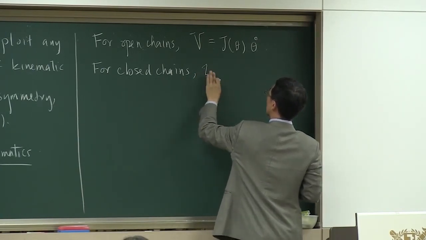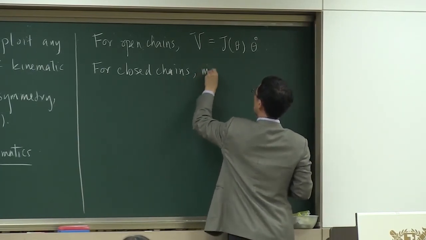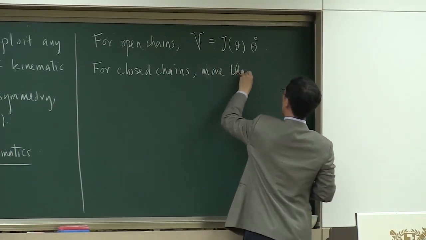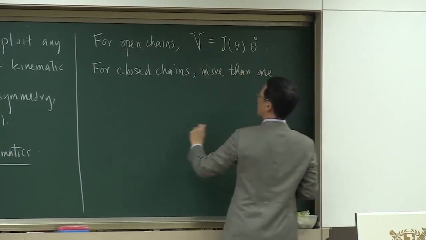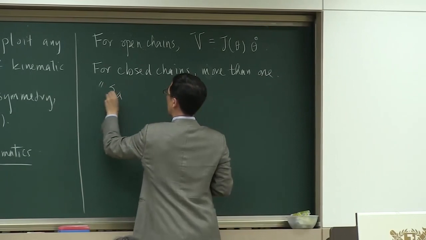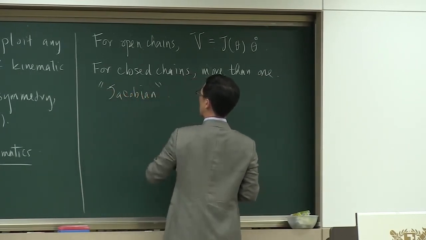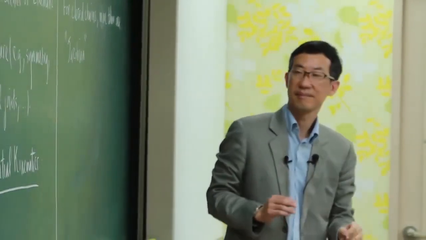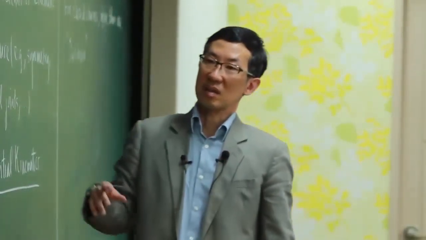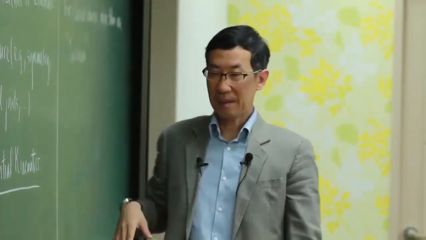There's more than one Jacobian. Okay, so let me show you what I mean by that. So let's look at the 3UPU mechanism example.